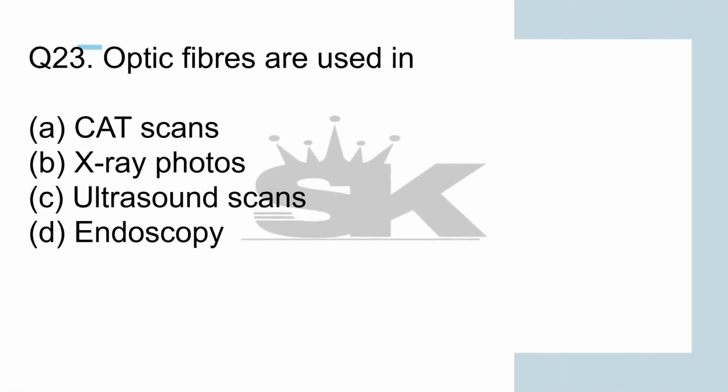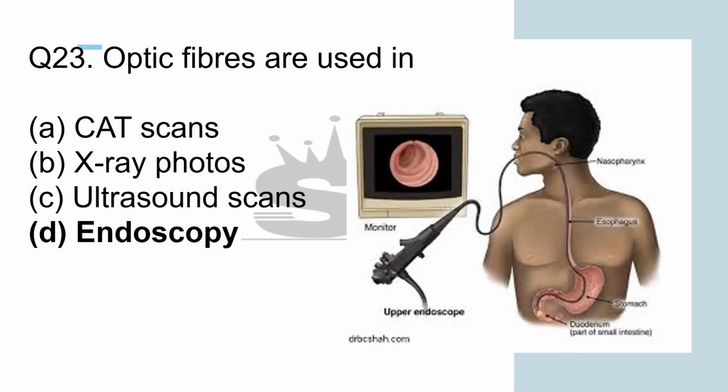optic fibers are used in endoscopy. Okay, this is the endoscopy used in the medical field. Okay, endoscopes use optical fibers to produce an image of the inside of the body.